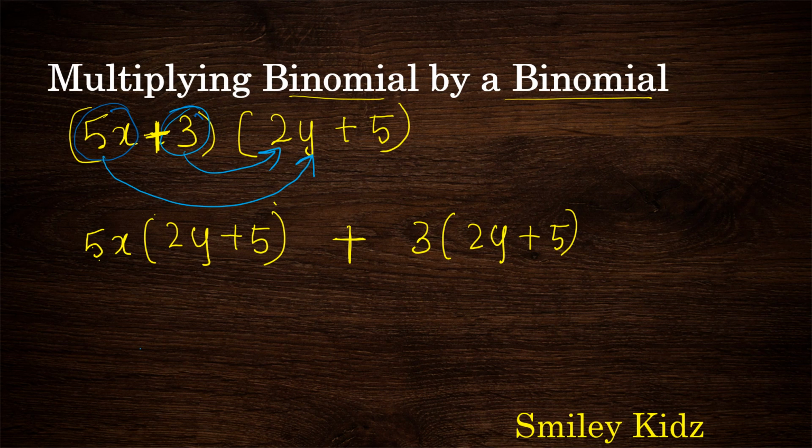Now we're going to simplify them. What are we going to use now here? We're going to use the distributive law. Multiply 5x with each term in the expression and multiply 3 with each term in the expression. Correct.